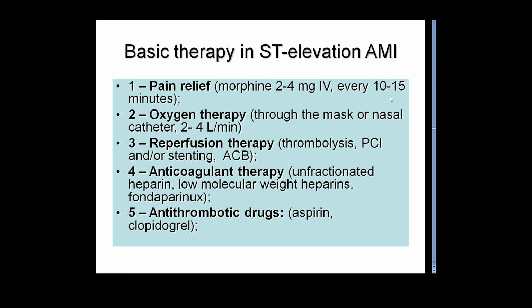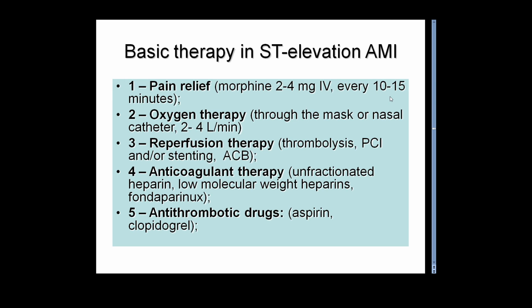Oxygen therapy through the mask or nasal catheter, 2 to 4 liters per minute, if saturation is less than 90%. Reperfusion therapy, early restoration of coronary circulation.